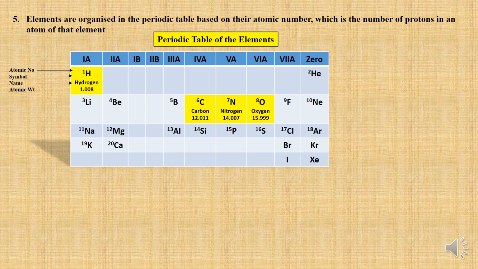But the simplest way of finding an element in the periodic table will be by its symbol or by its name, rather than by its atomic number or atomic weight.